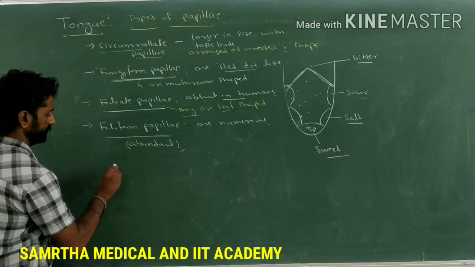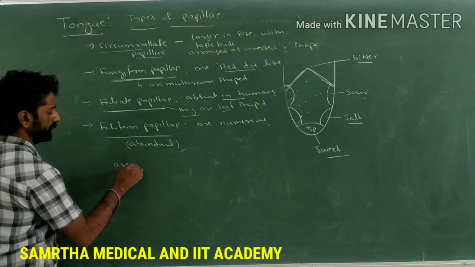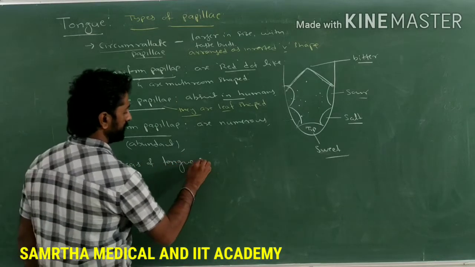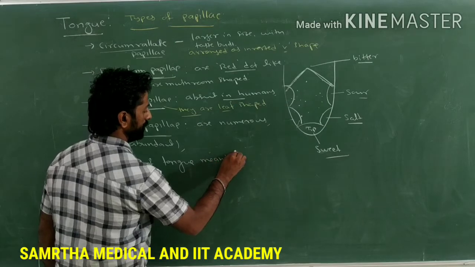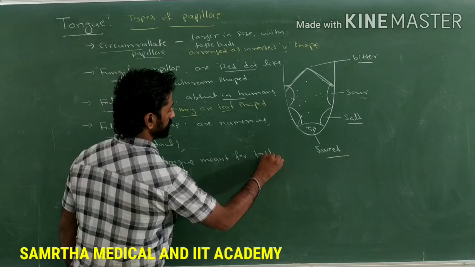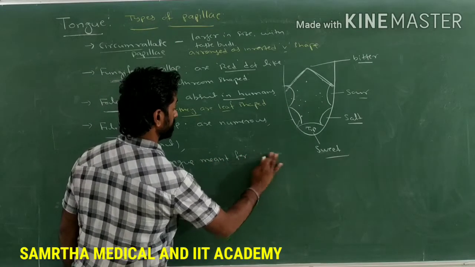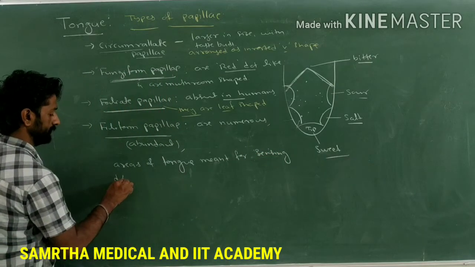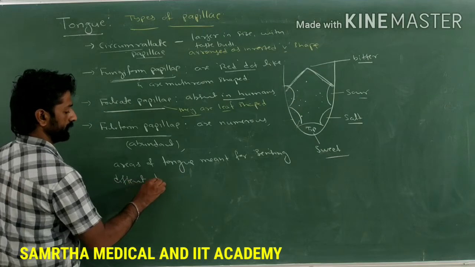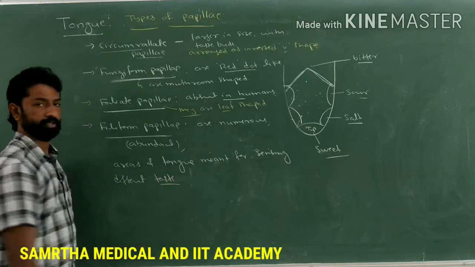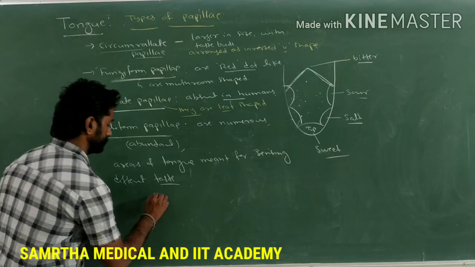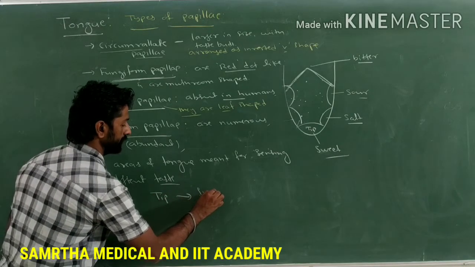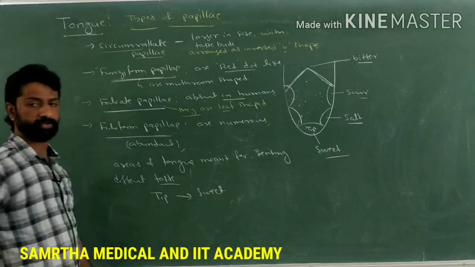So these are the areas of the tongue meant for sensing different tastes. What does that mean here? Only the tip is meant for tasting or sensing sweet taste.